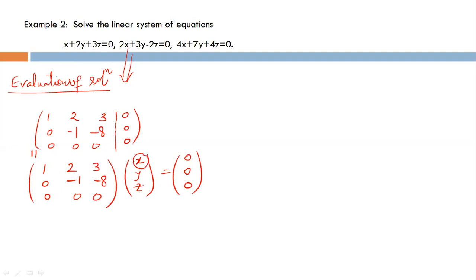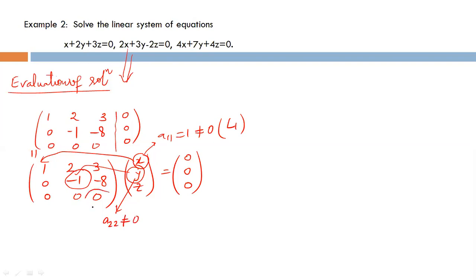The coefficient of x is a11, which is 1 here, non-zero, so it's a leading variable. For y, a22 is not equal to 0, but the coefficient of z, a33, is 0, so it is your free variable.